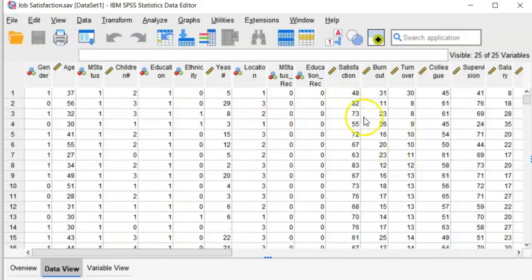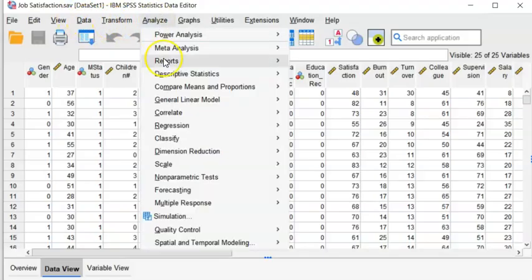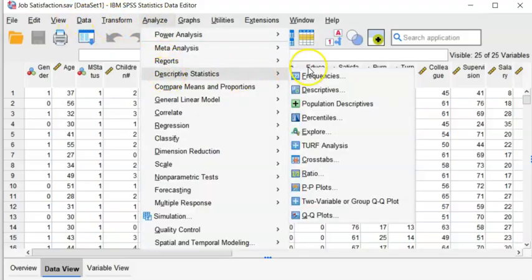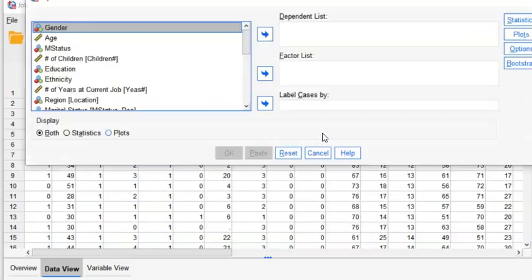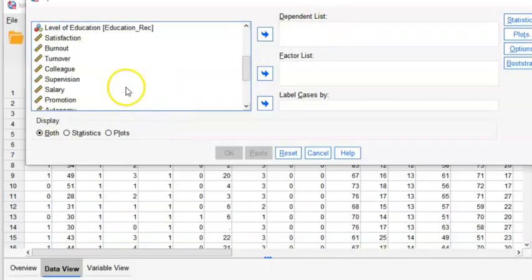So let's choose one continuous variable, satisfaction here. You will go to Analyze, then Descriptive Statistics, and then Explore, because that is the option for the normality test. Then you put the continuous variable in the dependent list, satisfaction here.